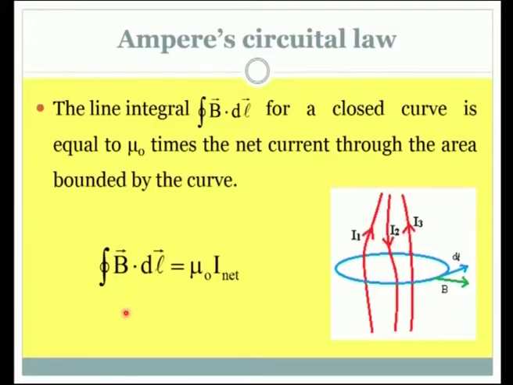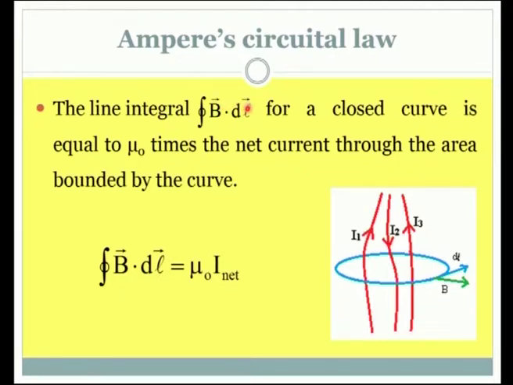So, let us see what the law is. The line integral of B dot dl, here B and dl are vectors. B is the magnetic field, and dl is the small length.